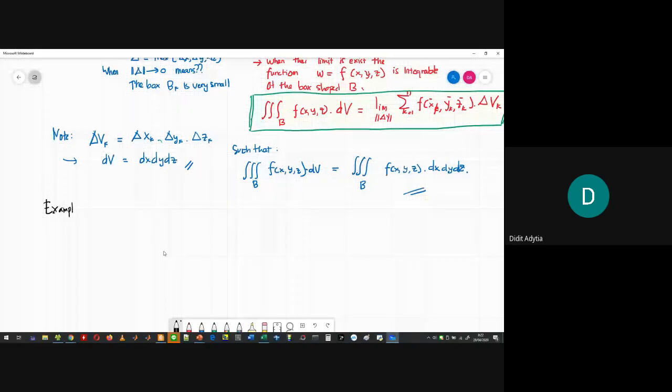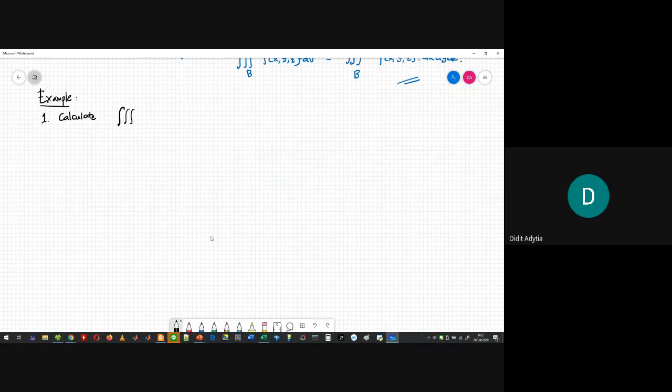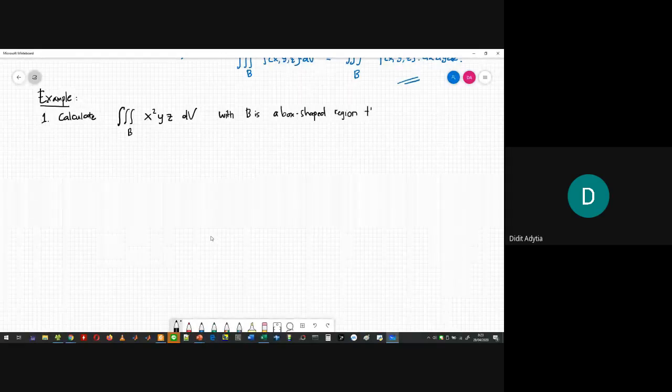Now we take an example. Example number 1: calculate the triple integral over B of the function x squared y z dV, with B a box-shaped region defined as this one.